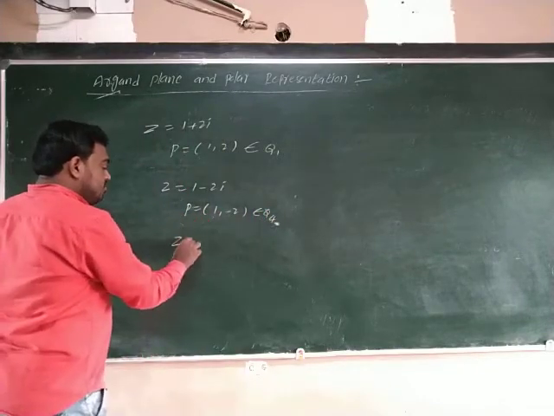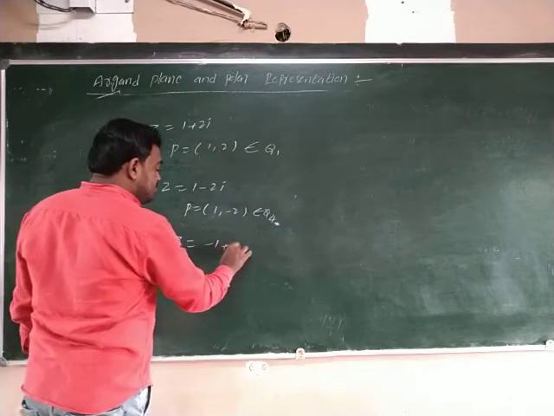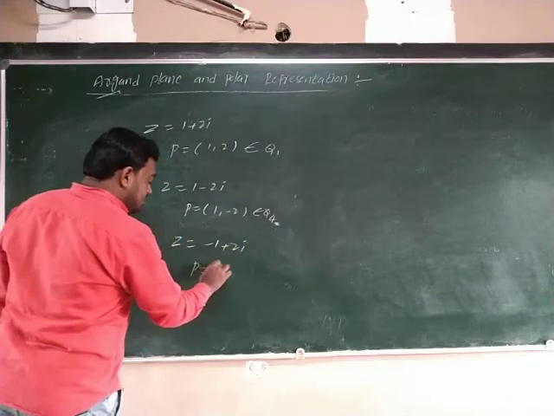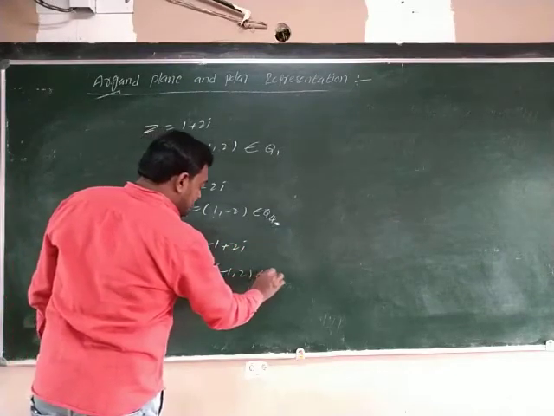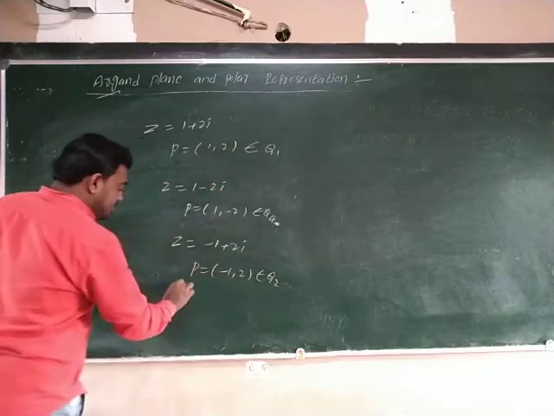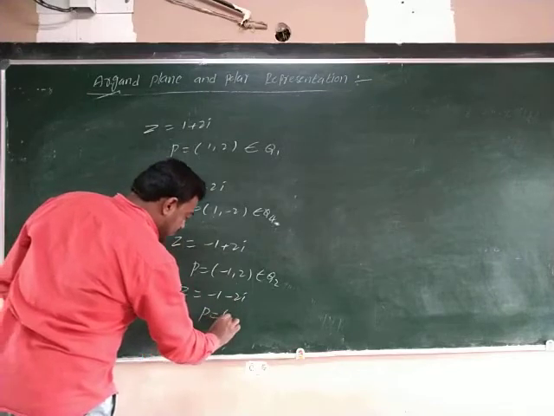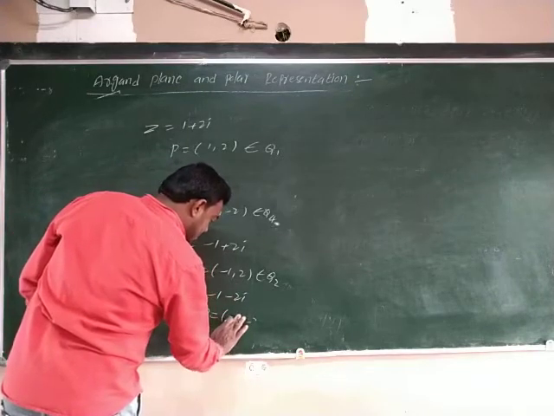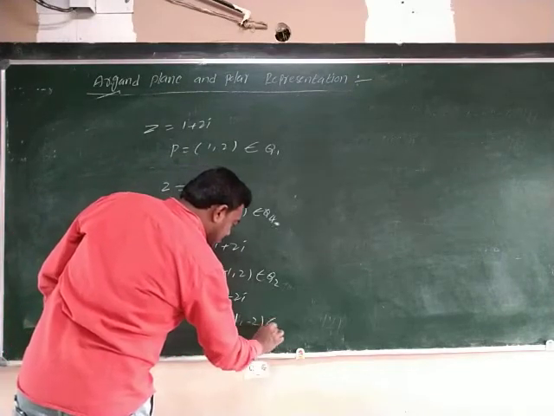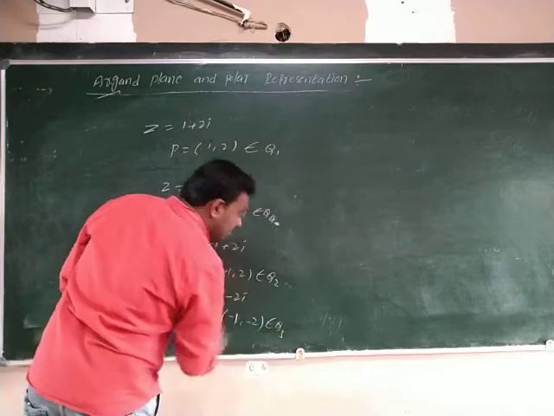Z is equal to minus 1 plus 2i, the point P is (minus 1, 2), belongs to the second quadrant. Z is equal to minus 1 minus 2i, the point P is (minus 1, minus 2), belongs to the third quadrant.